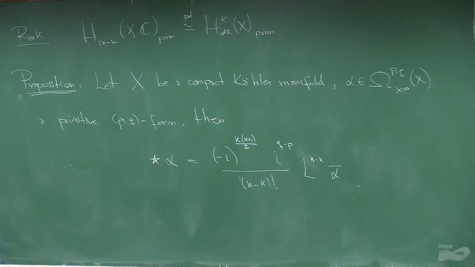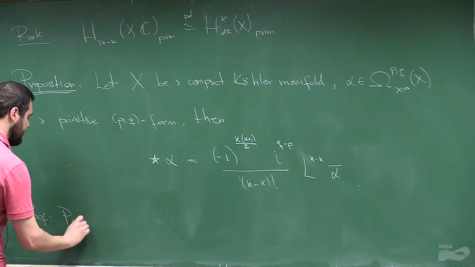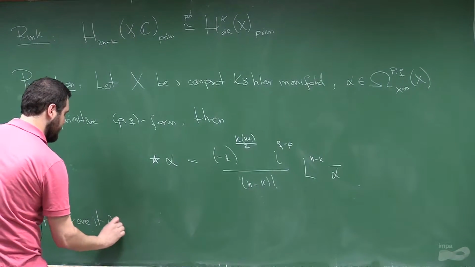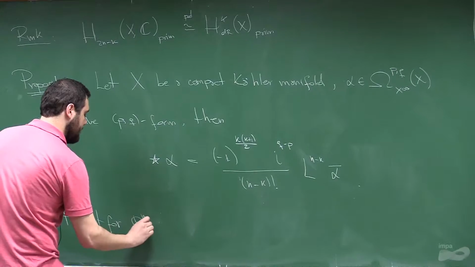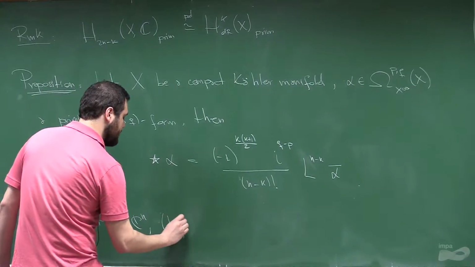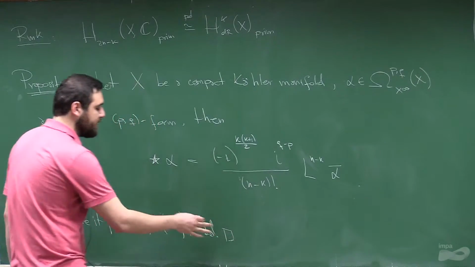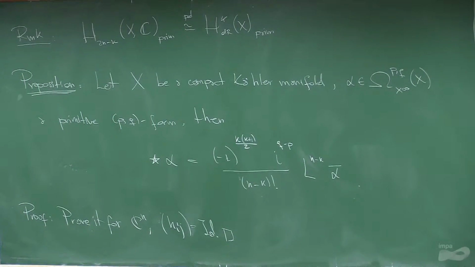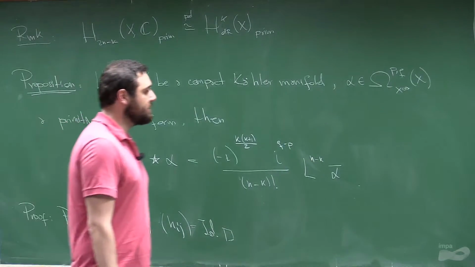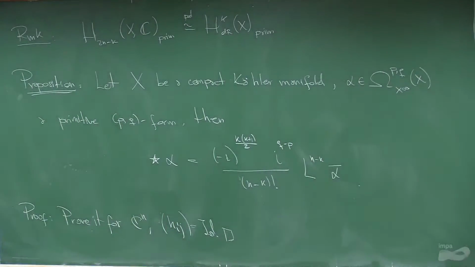Right, so the proof is to prove it for Cn with h_ij equal to the identity. Well, I won't do it, and it's long. I mean, you can read it. It's not that easy. But I will skip this part because, well, I don't want to do it. Okay.